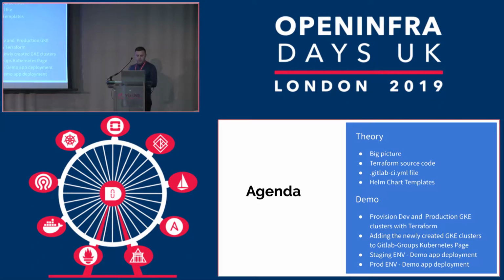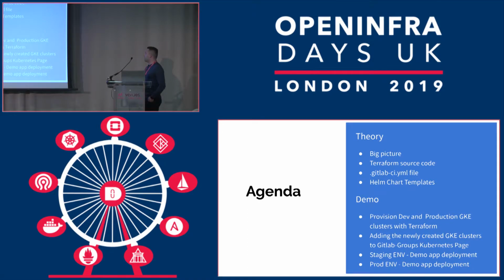OK, so today we will have the first part with the theory, where we will see the big picture of the implementation. We will go through the Terraform source code that I will be using. We will review the GitlabCI file and the Helm chart template. Then we will have a live demo where we will provision development and production GKE clusters with Terraform.